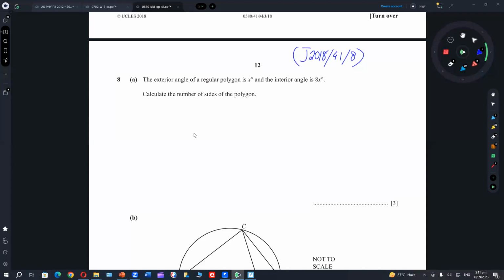You have just written the rules. What's the formula? Interior plus exterior is how much? Interior angle plus exterior angle is equal to 180.